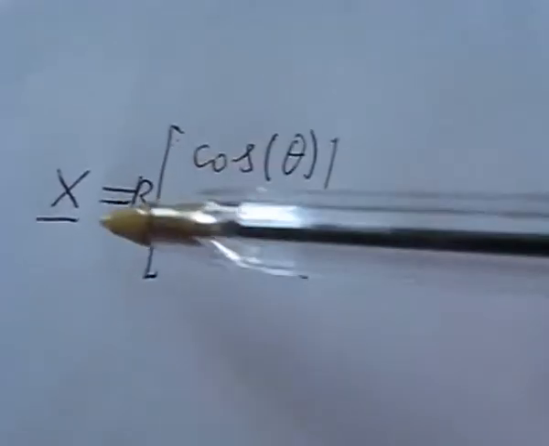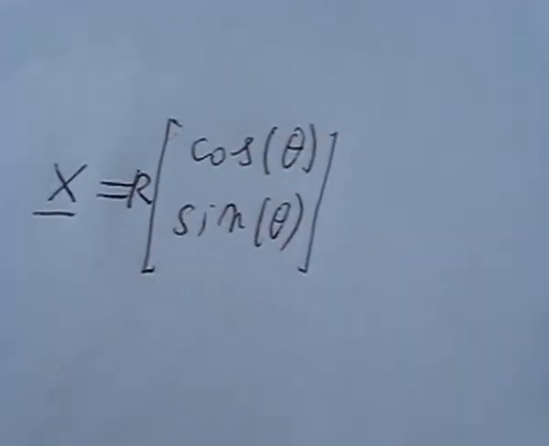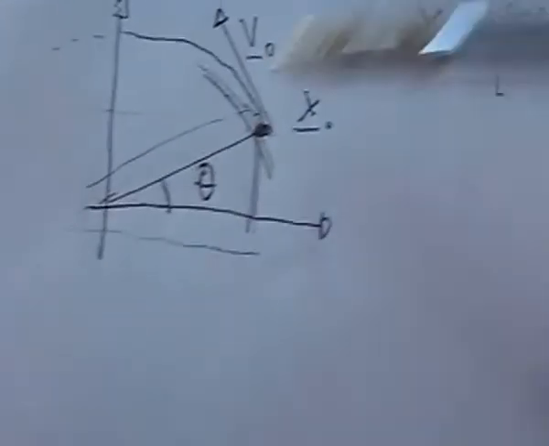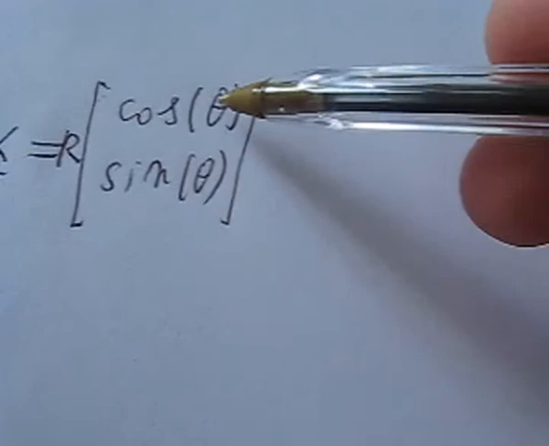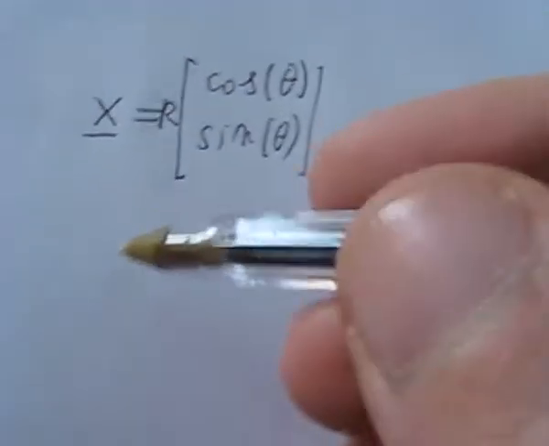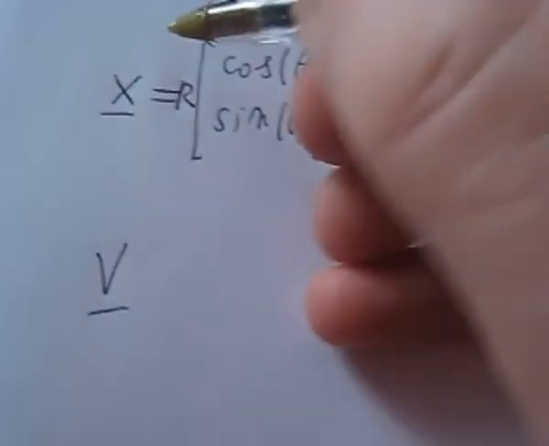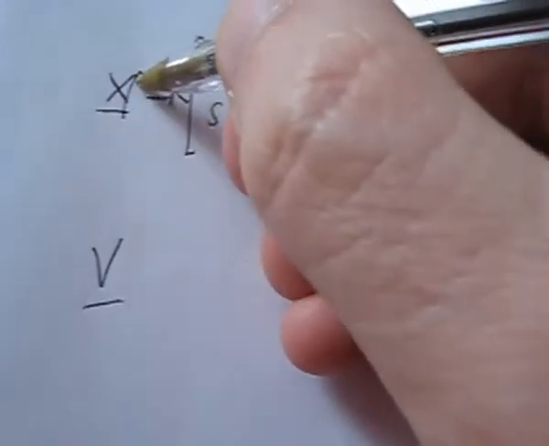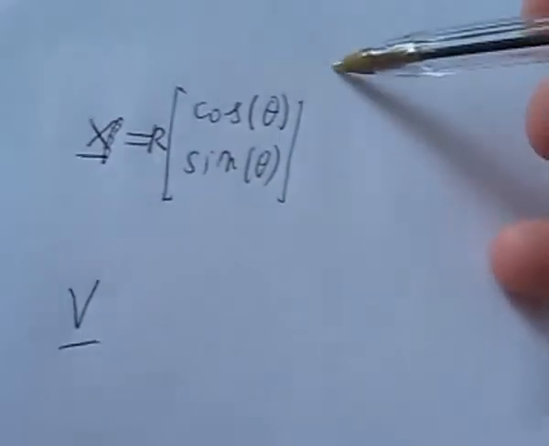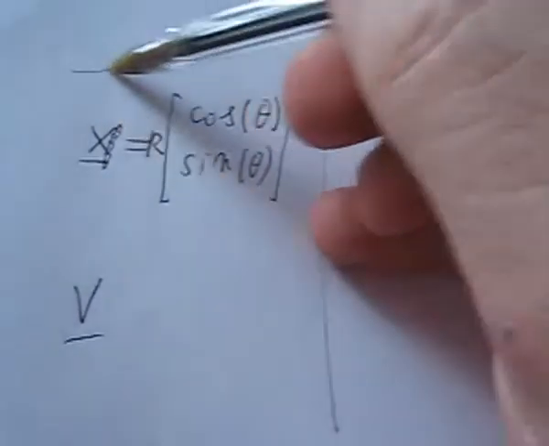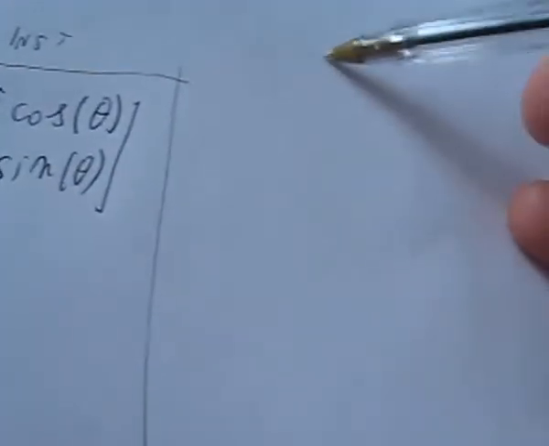In this case, of course, there is motion, so when there is a rate of change of this, we will have a velocity vector. We must consider also time dependence, so this was instantaneous, this was time dependent.